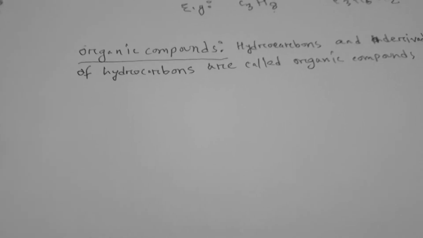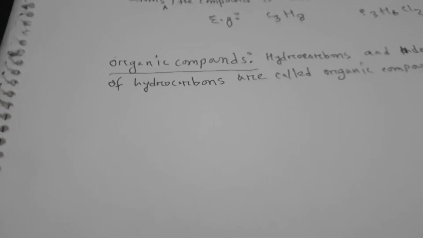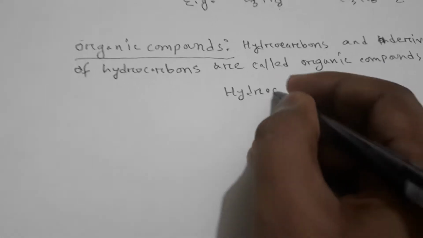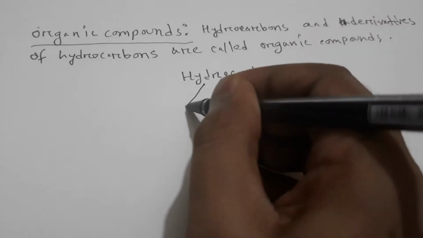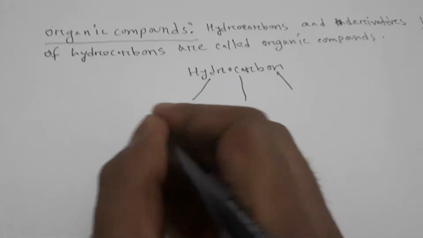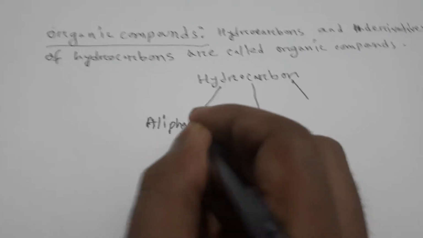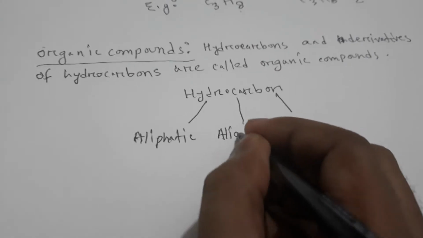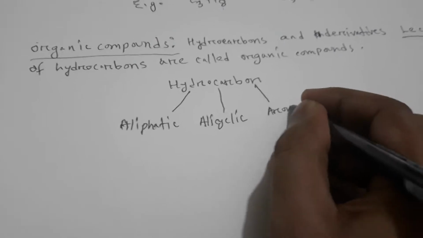Now, types of hydrocarbon. So we know already hydrocarbons are compounds contain carbon and hydrogen atoms only. Hydrocarbons are basically 3 types: aliphatic, alicyclic, and aromatic hydrocarbon.